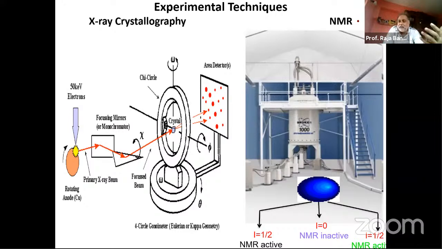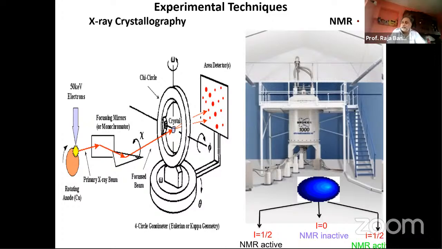What is the I value? The nucleus is formed by protons and neutrons. If we consider the sum of the spins of the protons and neutrons, like the electron, spin half, we find that in the case of H1, the proton has spin half.